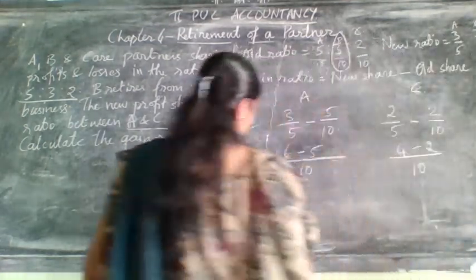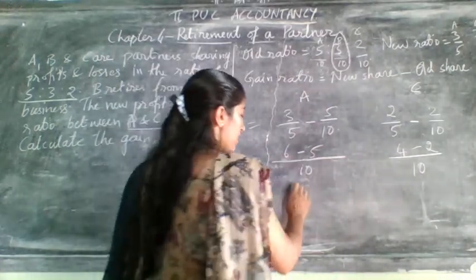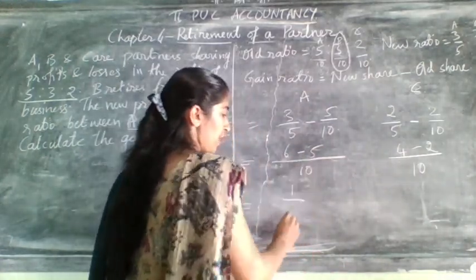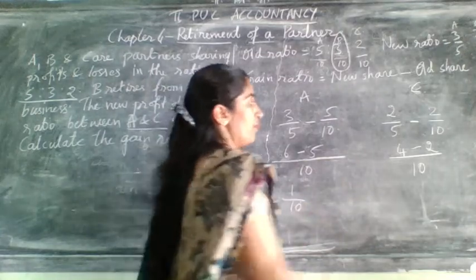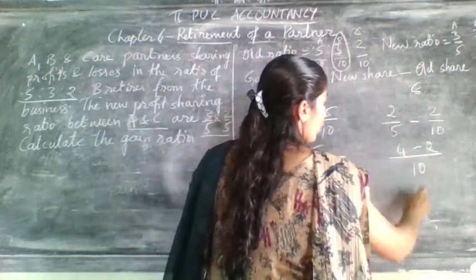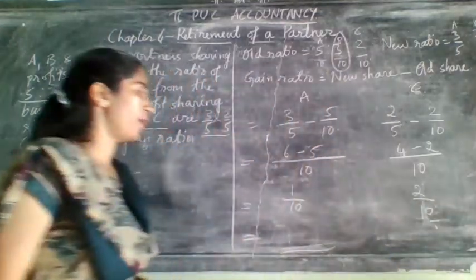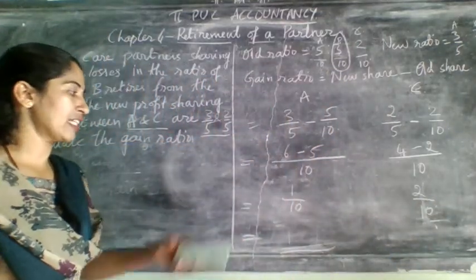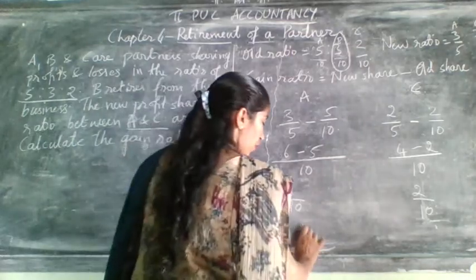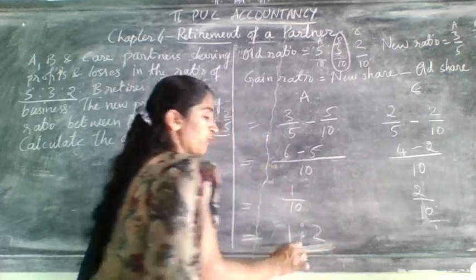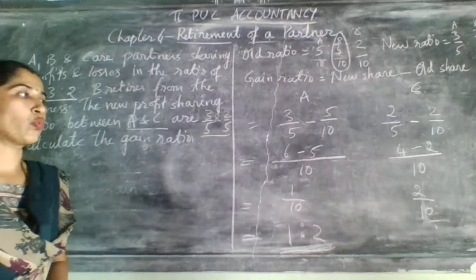See, in the above case, here his share will come 6 minus 5, means it will come 1 by 10. Here for C it will come 4 minus 2, means it will come 2 by 10. So in this case their gain ratio will be 1:2.